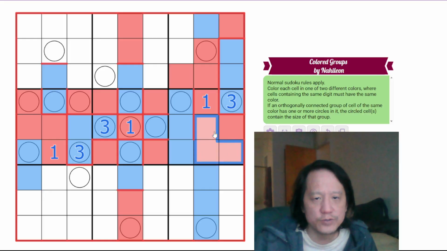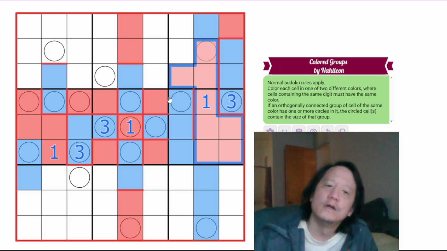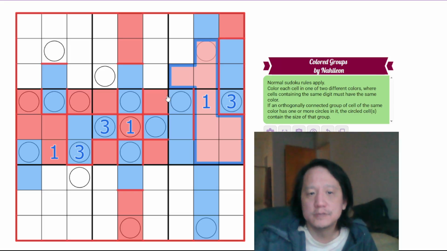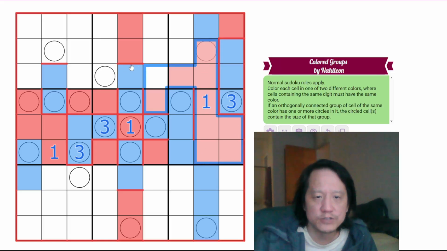We have 1, 2, 3, 4, 5, 6, 7, 8 digits in the red region. If we made this red, that would make a 10 cell region. 1, 2, 3, 4, 5, 6, 7, 8, 9, 10, which is too many.